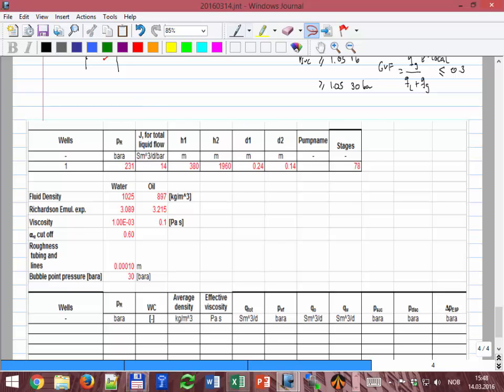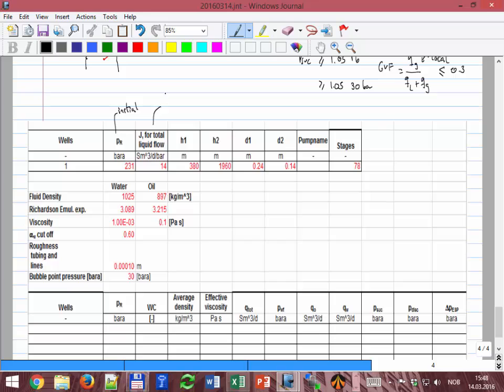And the reservoir pressure, that's the initial reservoir pressure, so 231 bar. It's going to go down with time, but not so steeply, because we are injecting water and there is an aquifer.